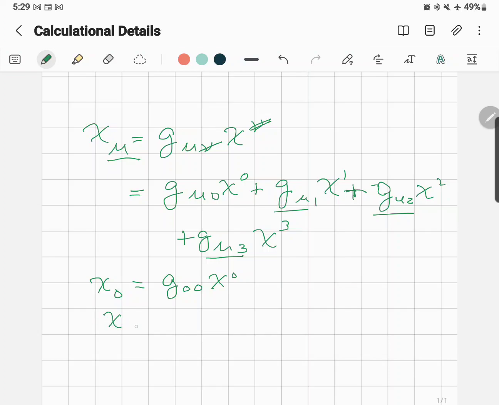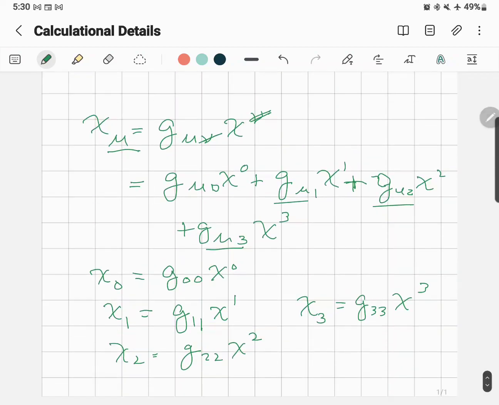So your x1 would be g1, the g10 would be 0, so you don't include that. So this is just g11 x1, and x2 would be g22 x2, and then x3 equals g33 x3. That's just what it means.